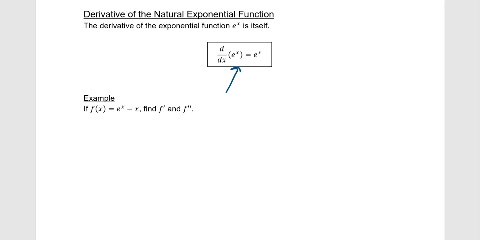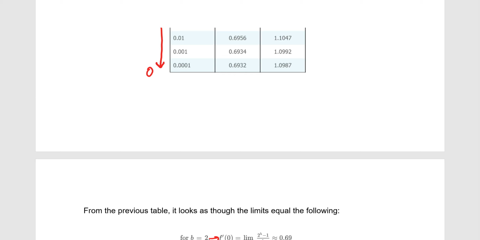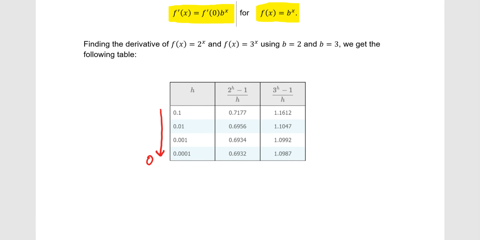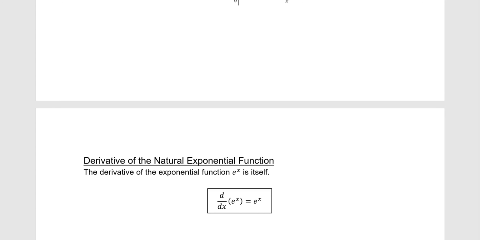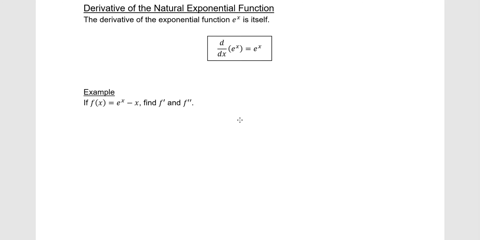So the derivative of e to the x is just e to the x. Basically, we did all of this kind of confusing part using a b value of 2 and 3 and using limits just to show that the derivative of e to the x is just e to the x. So make sure you have that memorized.